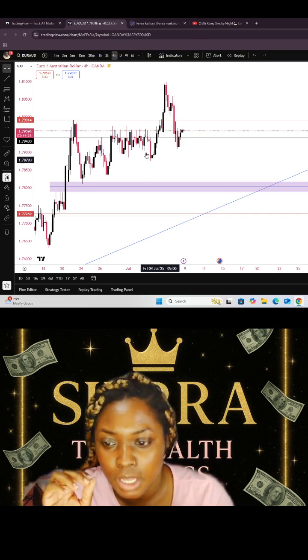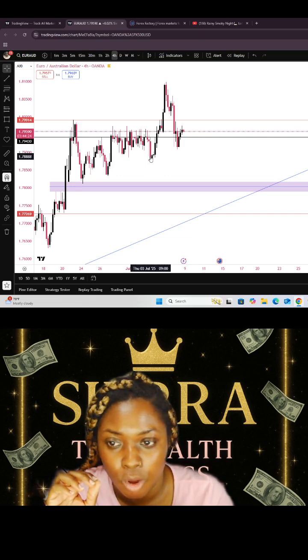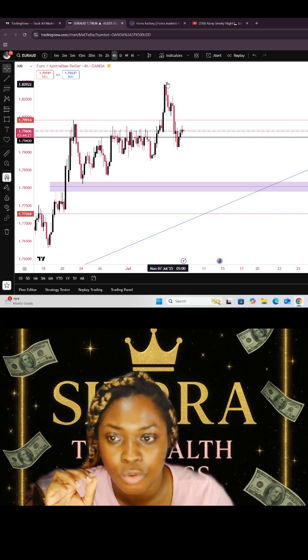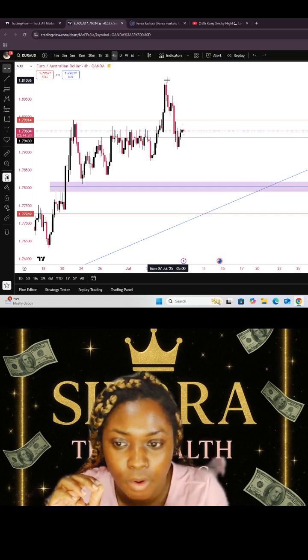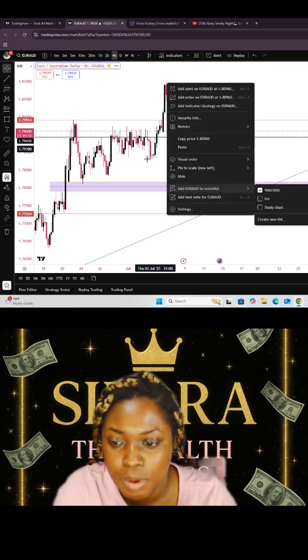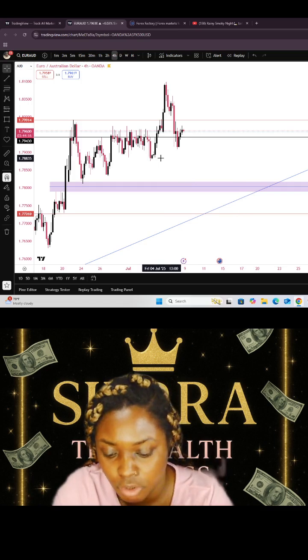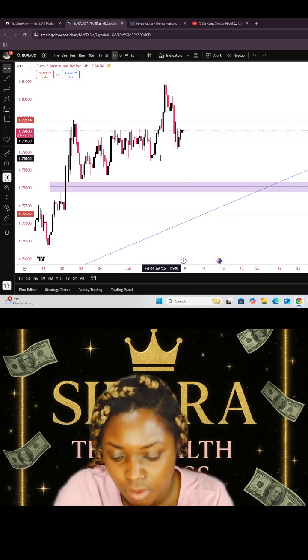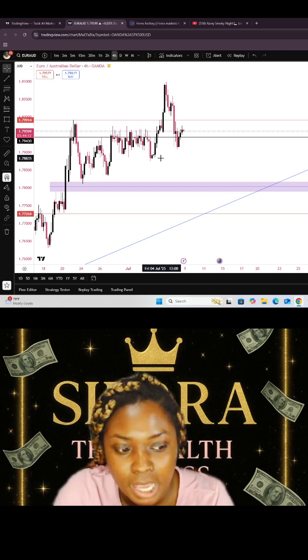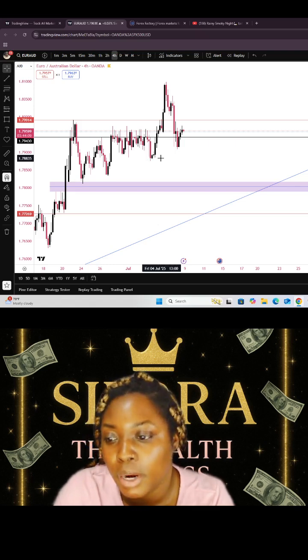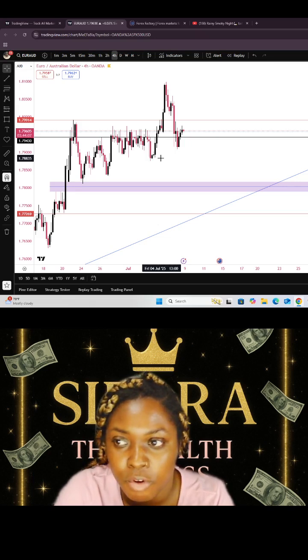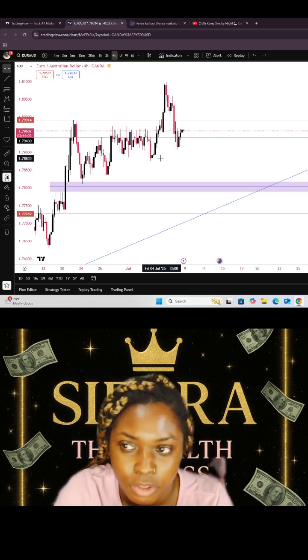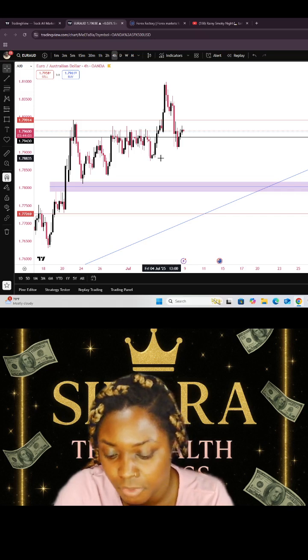So this is my last higher low that took me to my last high. This would be my 4 hour break of structure. But you don't always have to have a break of structure on a higher time frame. You can find it on the hour, the 30-minute, or the 15-minute.